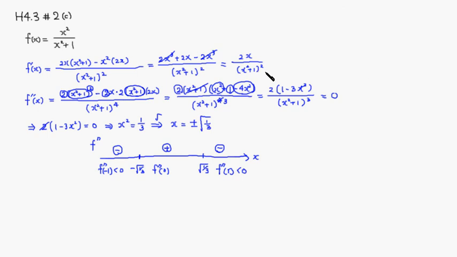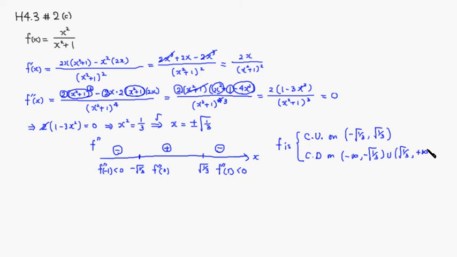So if you want to talk about concavity, the original function f is concave upward on the interval from negative square root of 1/3 to positive square root of 1/3, and concave downward from negative infinity to negative square root of 1/3, and from positive square root of 1/3 to positive infinity.